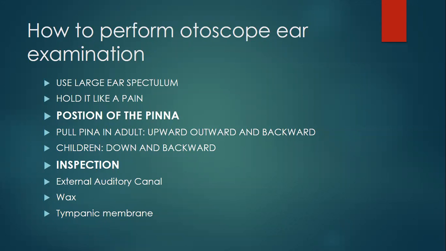Pull the pinna in adults upward, outward, and backward. In children, you pull a little downward and backward because their canal is more horizontal. That is the reason children are more prone to otitis media or externa, because of the lack of inclination in the external auditory canal.